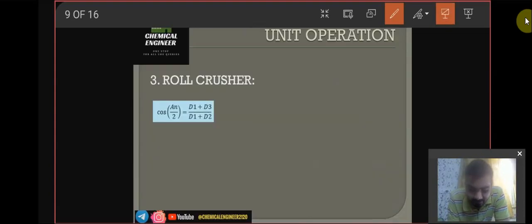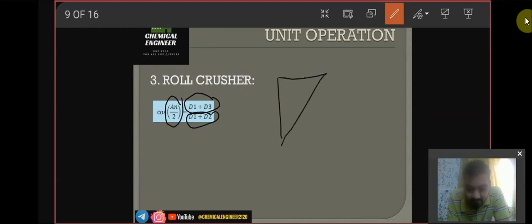From that relation we get cos of AN by 2, the angle of nip divided by 2. Why did we take 2? Because we take half and make a triangle. So cos AN by 2 equals (D1 plus D3) divided by (D1 plus D2). By making the triangle you can draw that and get this formula.